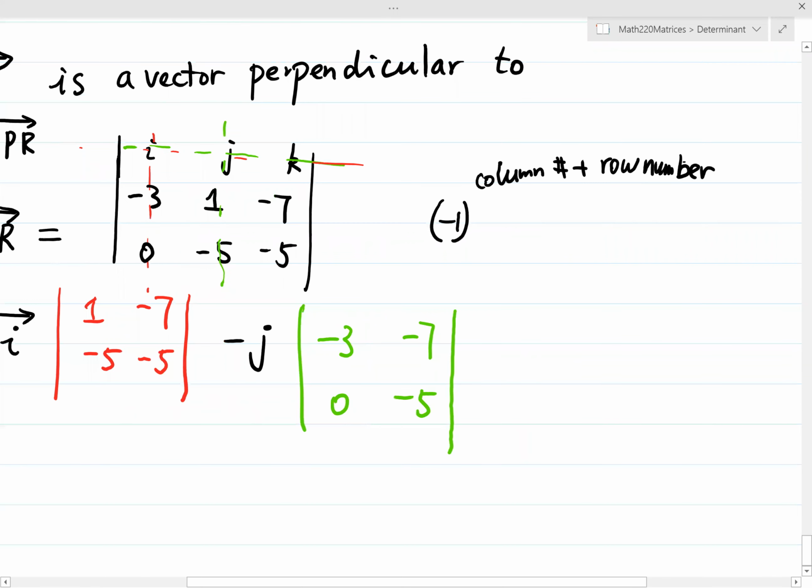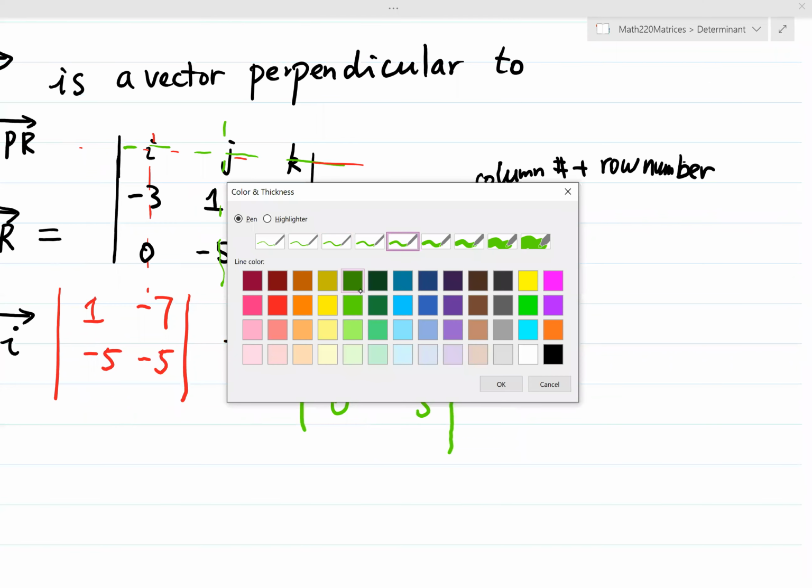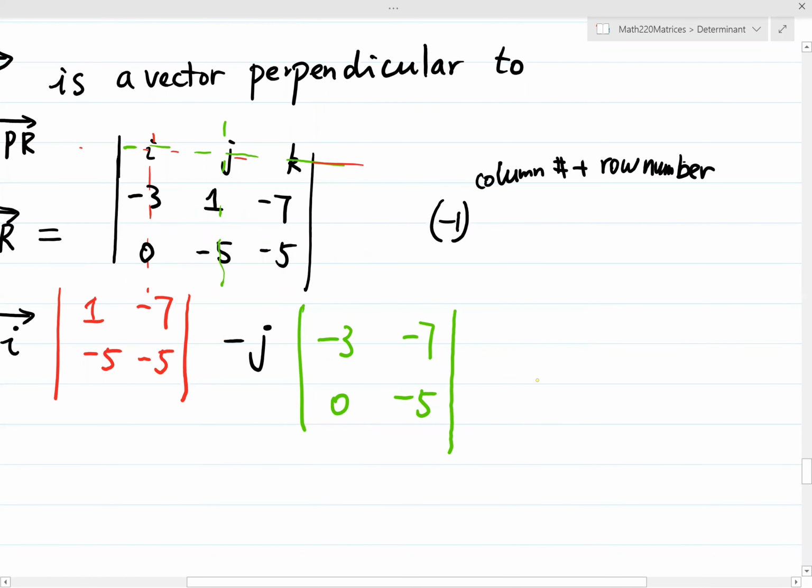And then for k, now k is in the first row, third column. So row number is 1, column number is 3. So it's 1 plus 3, we get 4, so -1 to the power 4 gives a plus.